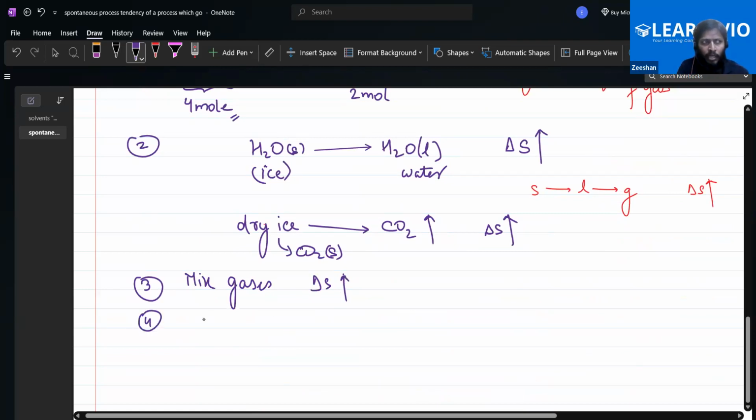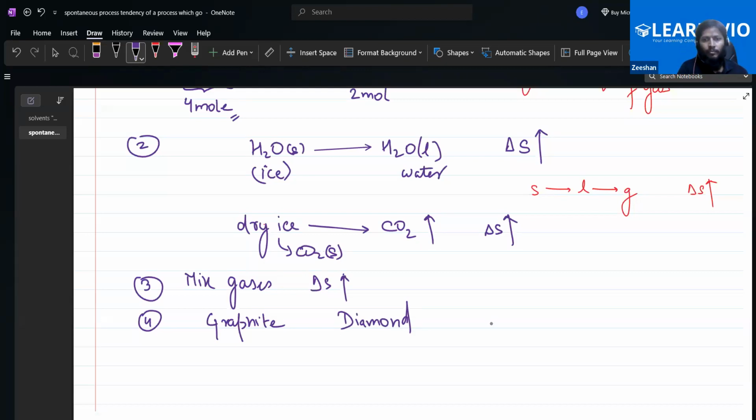Some unique example, for example, can anybody comment on this? Whose entropy will be greater, graphite or diamond?